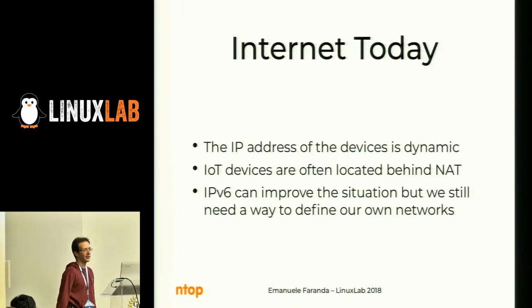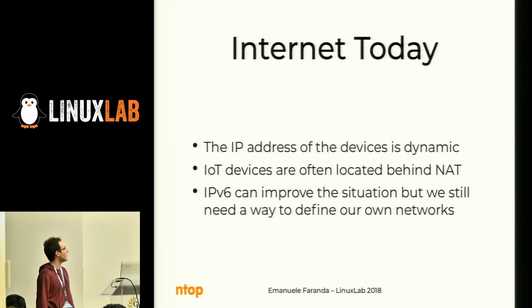The problem is that the internet is a dynamic environment. So we have constraints which limit our way to reach the devices. For example, the IP address is dynamic, or the IoT devices, once they are deployed to the final site, are behind a NAT device which hides the IP address.